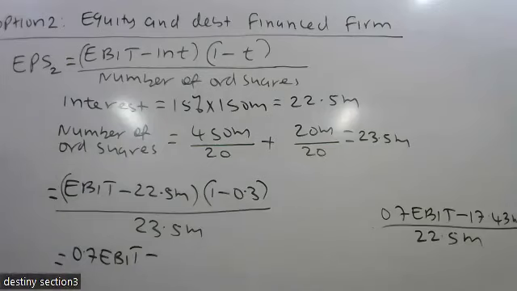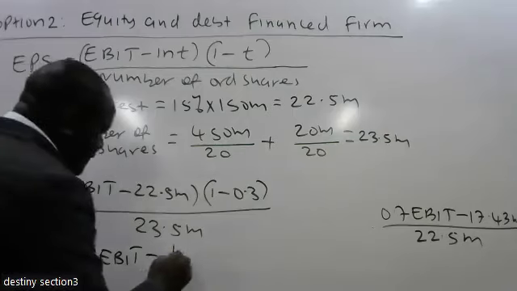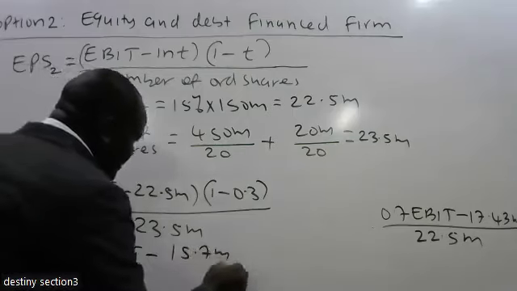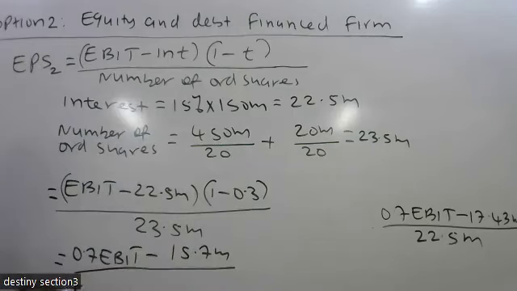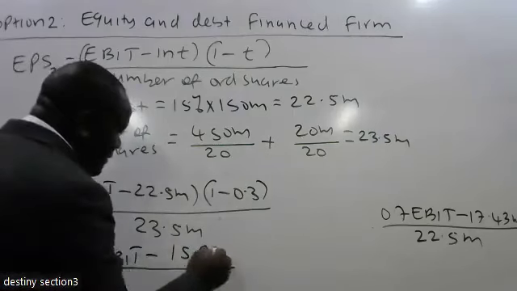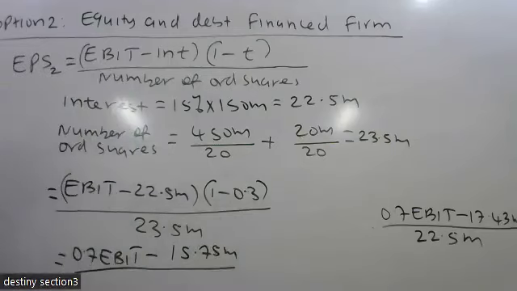Okay, so when you multiply 22.5 by 12%, then you also divide by the shares.